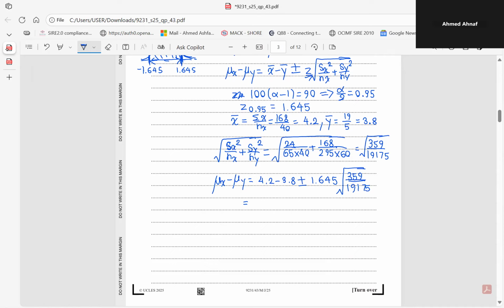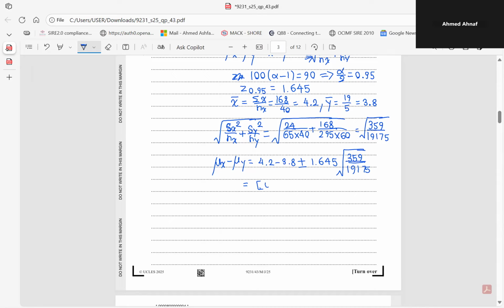So 4.2 minus 3.8 minus 1.645 square root 359 over 19175. So first answer, we get 0.175. And then second answer, just replace the minus sign with a plus sign, is 0.625, both to 3 SF.